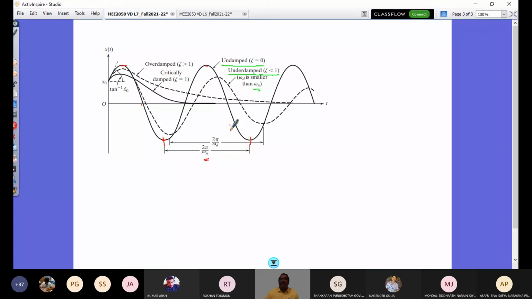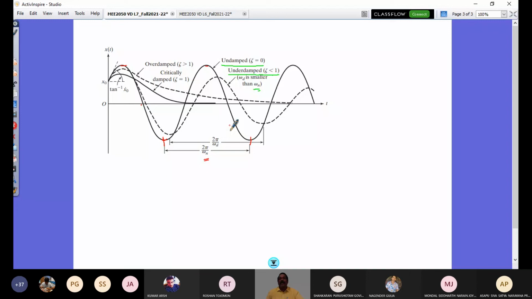So that's where I will see this. If I have to go back without considering a lightly damped structure, what would be the way I would be able to find out experimentally? Then I should take this as it is. The delta is going to be 2 pi zeta by the square root of 1 minus zeta square. So let me rearrange this, squaring both sides. That's going to be delta square equals 4 pi square zeta square by 1 minus zeta square.